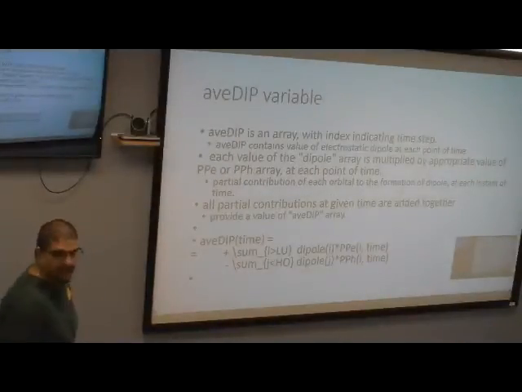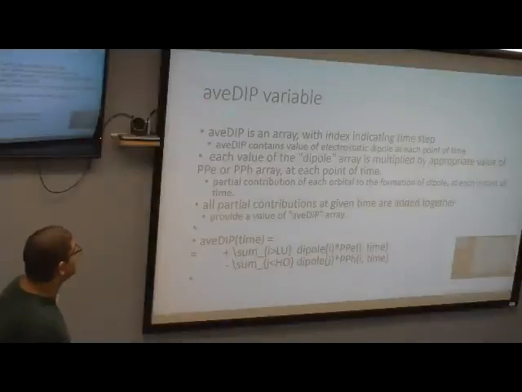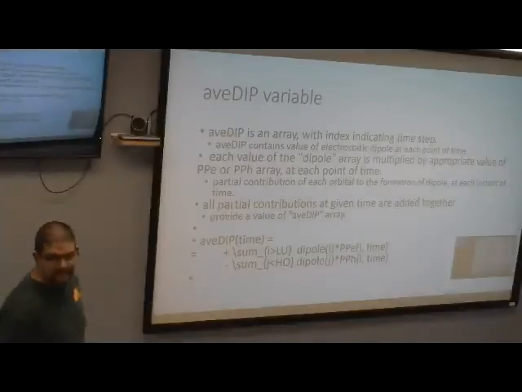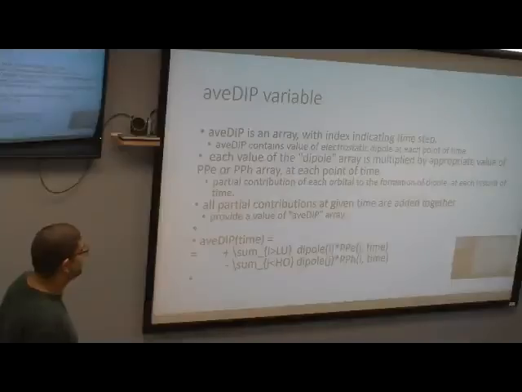Okay, next I'm going to talk about the AVE-DIP variable. It's an array with each index indicating the time step. It contains the value of the electrostatic dipole at each point in time. Each value of the dipole array is multiplied by the appropriate value of the PPE or PPH array at each point in time.